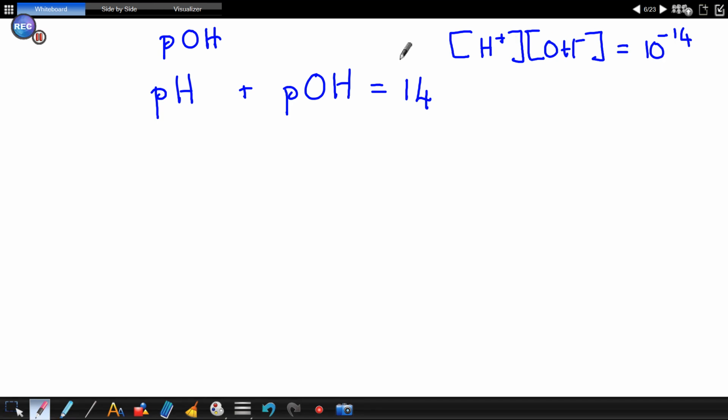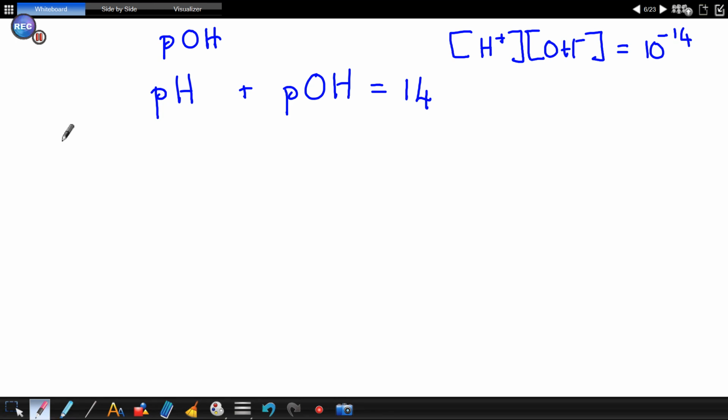Now logs and multiplication work this way. If you multiply the concentrations, you add the pHs and the pOHs to get 14.